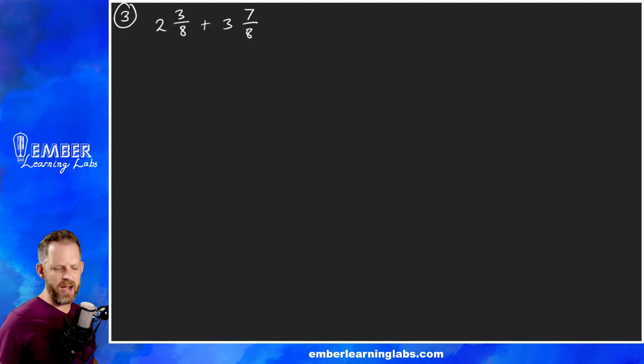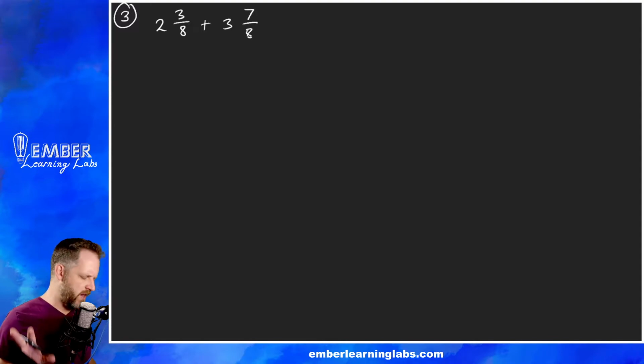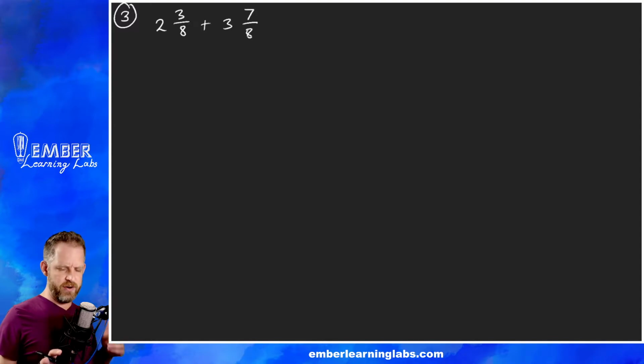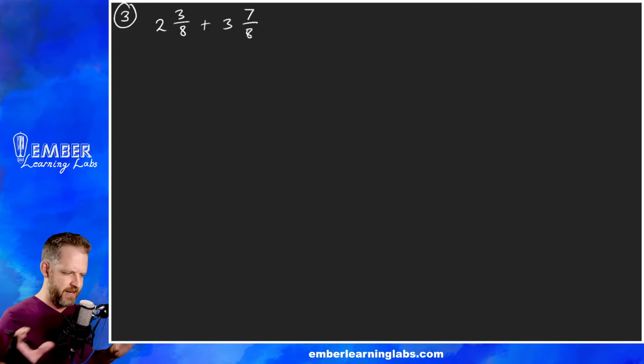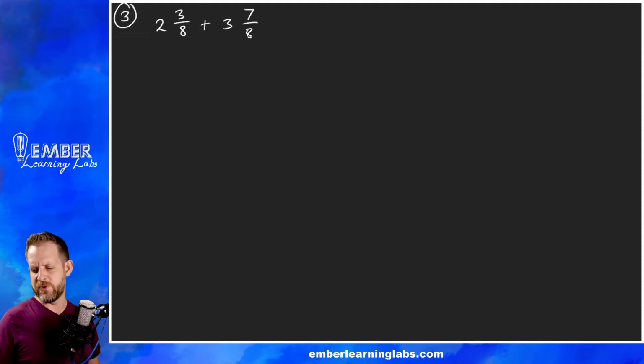I used to teach these where you convert it to an improper fraction first and then add. And that still works, and if you do it that way, that works fine. I have discovered over the past year or so of teaching this particular level of math that I really do prefer stacking it, and then if we're doing subtraction, you borrow and all of those things. That's the way we're going to do it in this video.